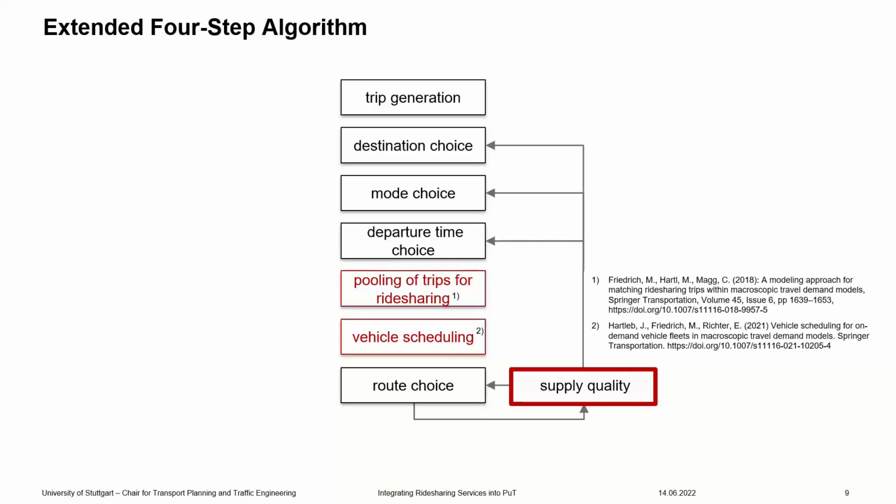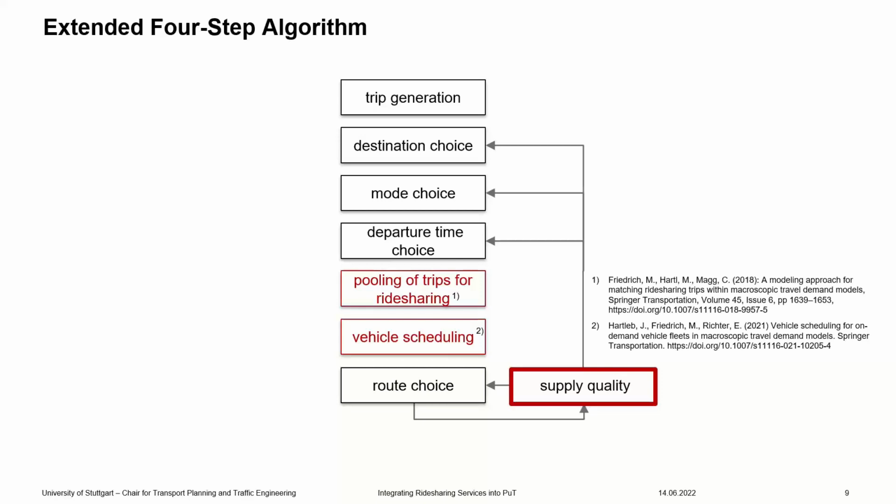So the difference of the pooling and the vehicle scheduling step to the other steps I just told you, which are the part of the traditional 4-step algorithm, is that the pooling and the vehicle scheduling are the decisions of the operators and not of the travelers.